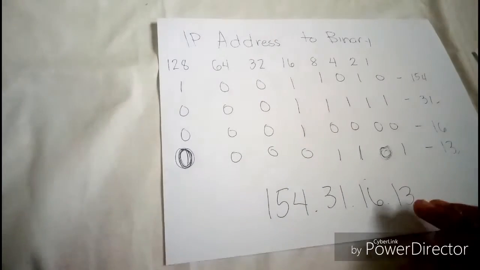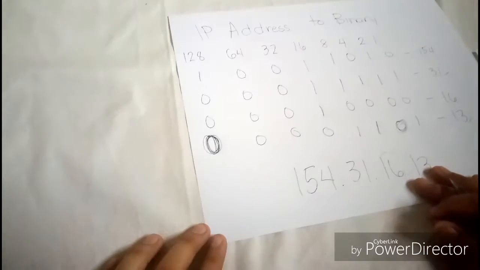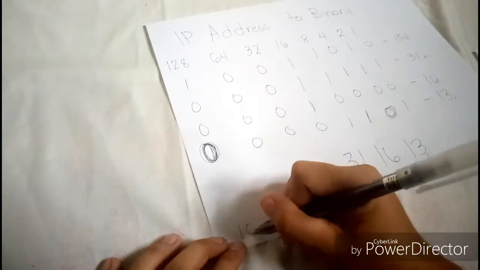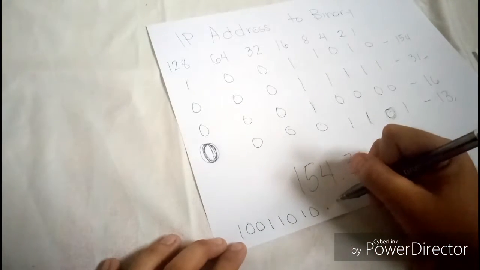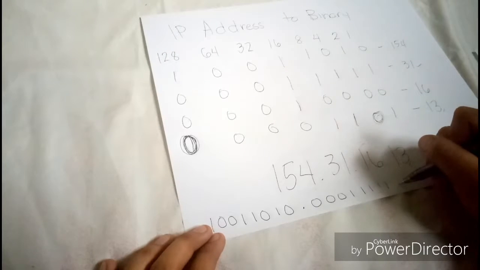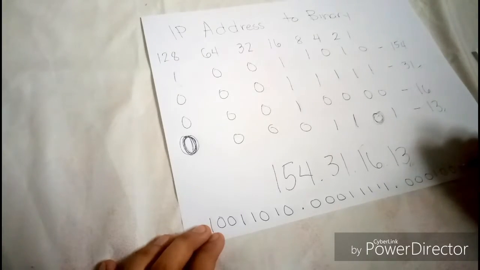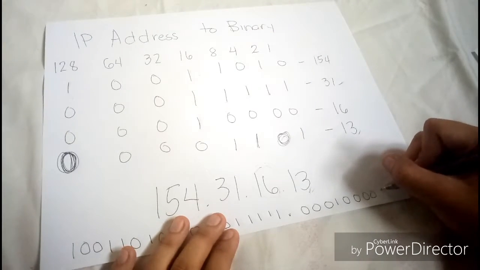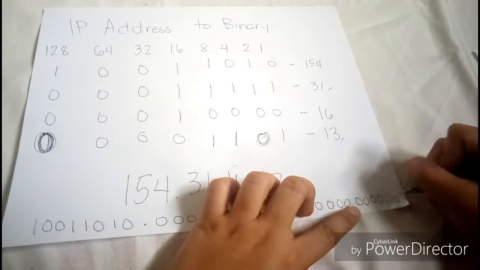So the final conversion of our IP address to binary might look like this. 10011010 dot 00011111 dot 00010000 dot 00001101.